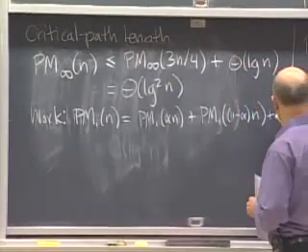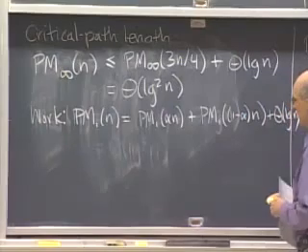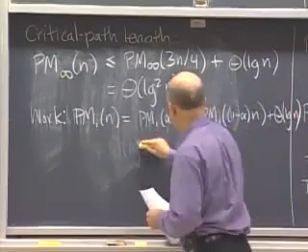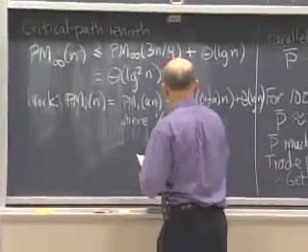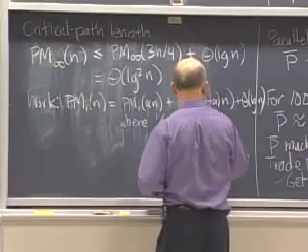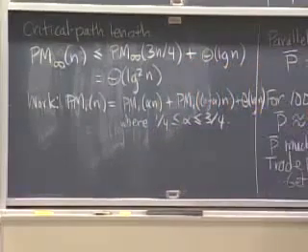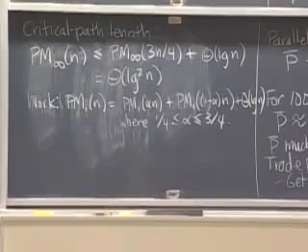Plus, and then still order log n for the binary search. Where, as we've said, alpha is going to fall between 1/4 and 3/4. Okay, how do we solve a recurrence like this?